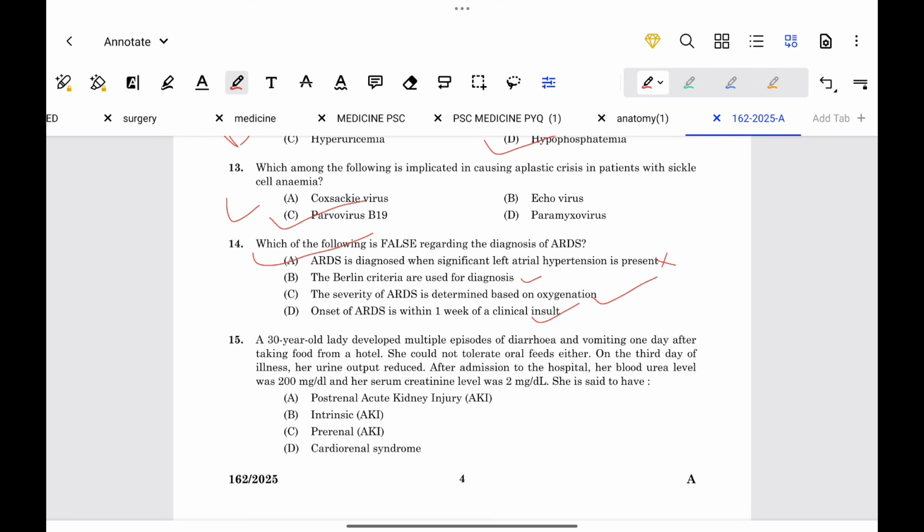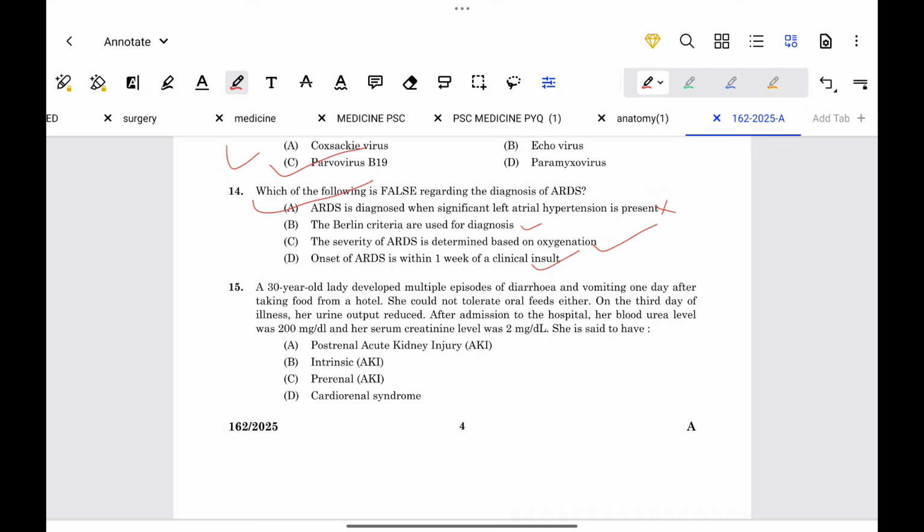This is correct. Next, a 30-year-old lady developed multiple episodes of diarrhea and vomiting one day after taking food from a hotel, and she could not tolerate oral feeds either. On the third day of illness, her urinary output reduced.